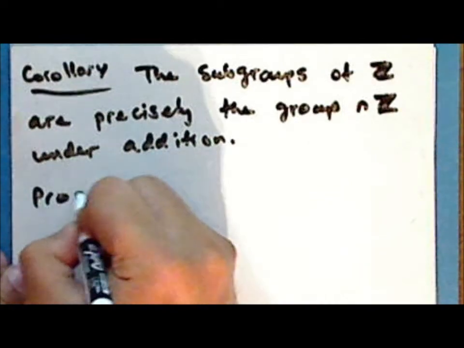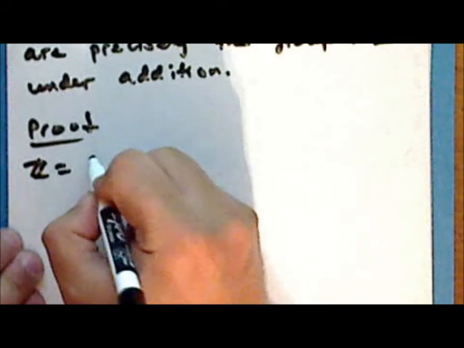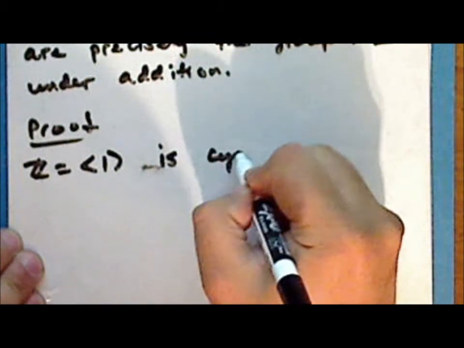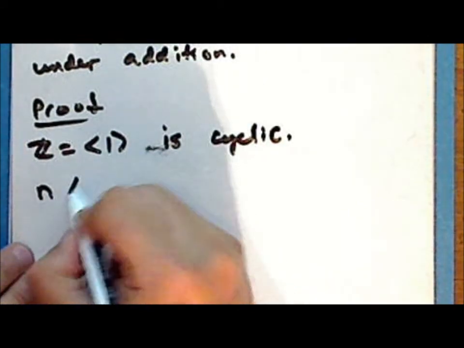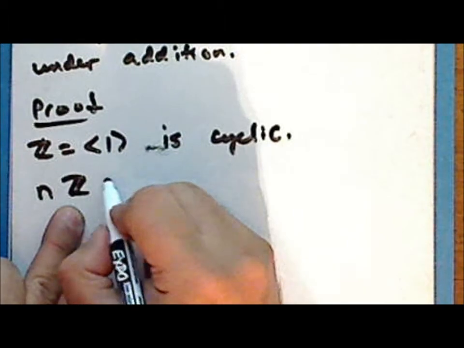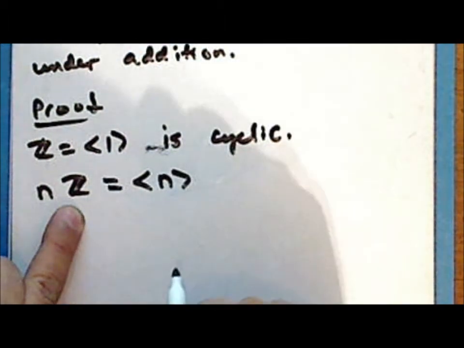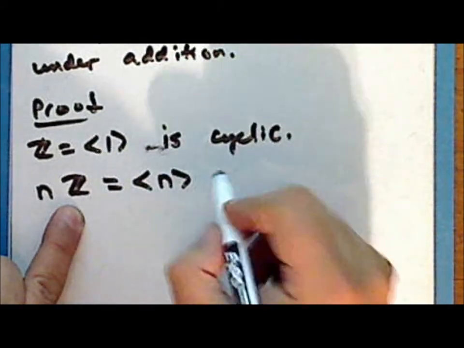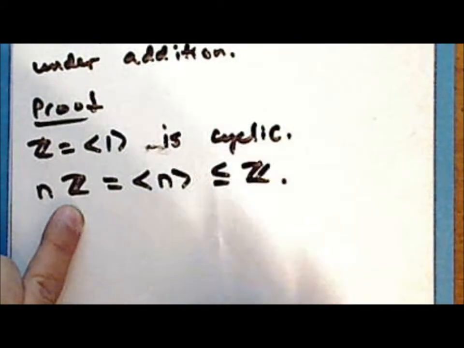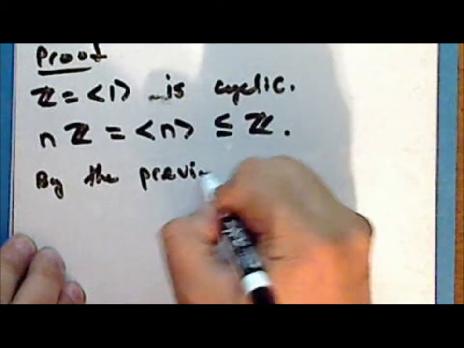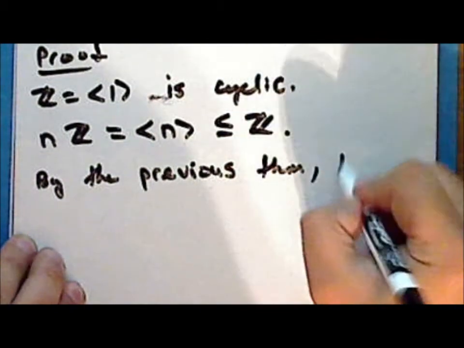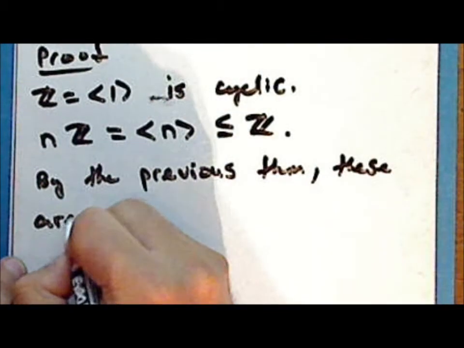So, proof. The set of integers is generated by the integer 1 and therefore is cyclic. We have demonstrated that the integer multiples of the integer n form the cyclic group generated by the integer n, which is a subgroup of the integers, and by the previous theorem, these are the only subgroups possible.